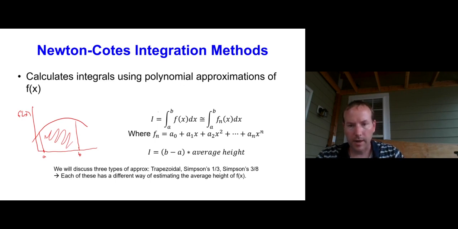And in calculus, we say that the integral is the integral from a to b of f of x dx.